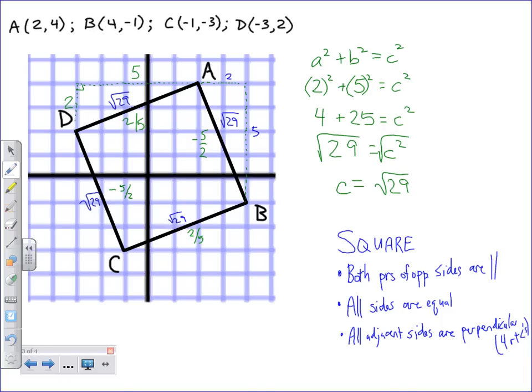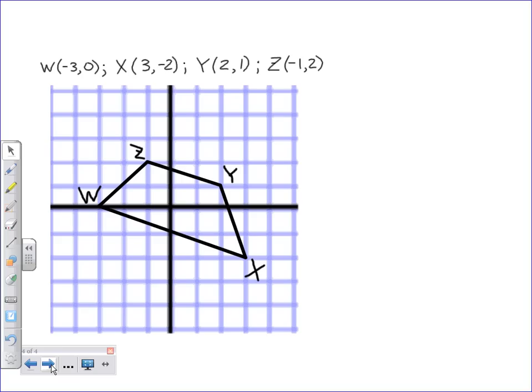Okay? Let's go to the next one. Again, we're going to find the slopes of all the sides. For ZY, we would go up 1, back 3. So 1 over 3, and it's going to be a negative because we're slanting backward.